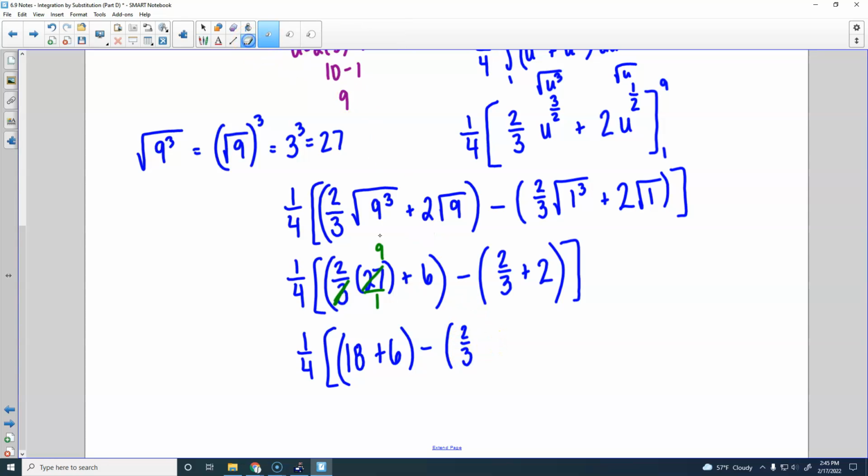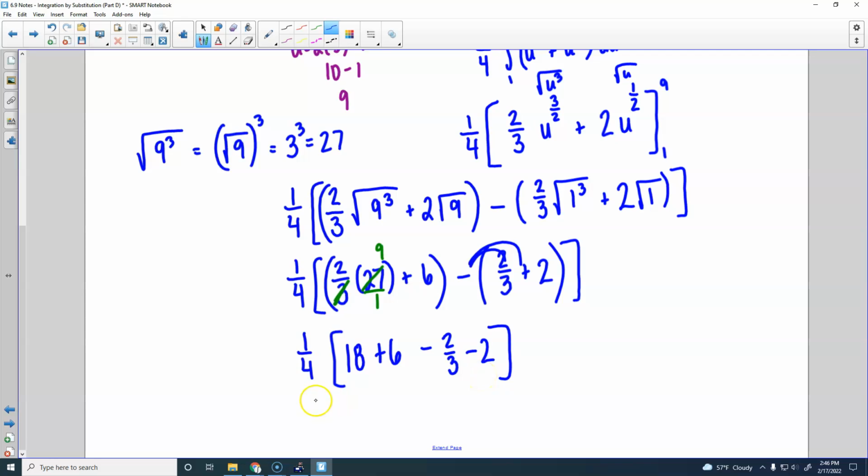Actually, sorry, let me go ahead and distribute that negative. That way I don't have to. We'll go ahead and distribute this negative here. So I got negative 2/3 minus 2. So if I do 18 plus 6 minus 2, that's going to give us 22 minus 2/3.